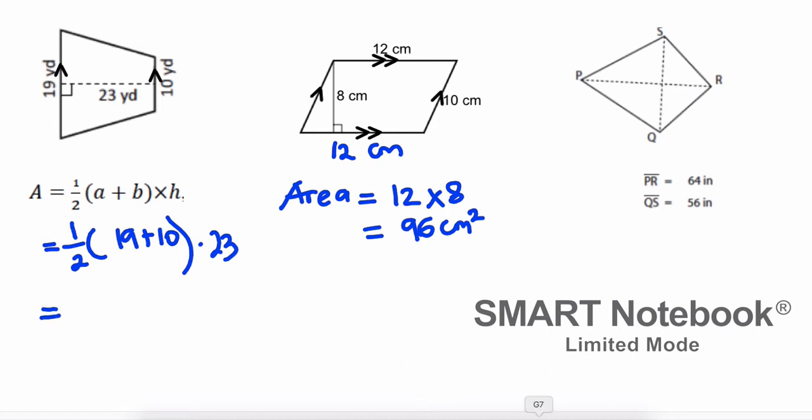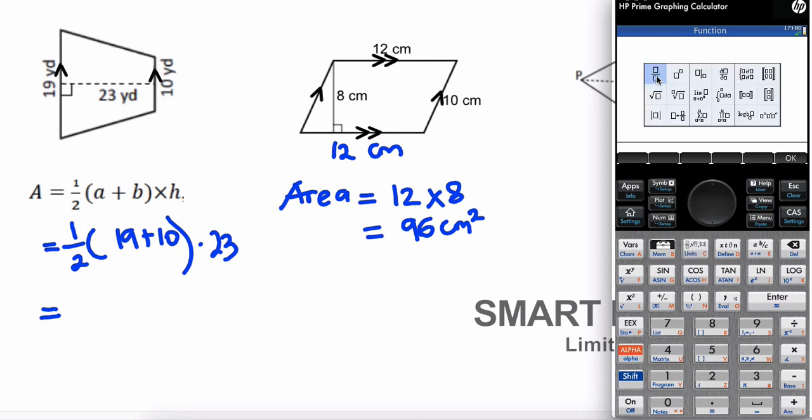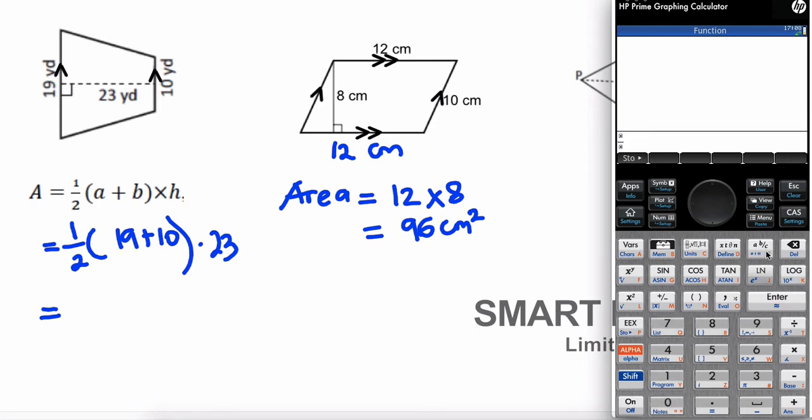So if you take your calculator, you can do this all in one go. You can type a half as a fraction here. This is the button you remember from the last time that you can choose to make a fraction. If you don't want to do that, you can just enter 0.5, which is a half, and then times bracket, 19 plus 10.